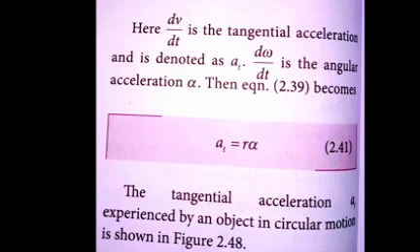Also on the left side dv divided by dt is the linear acceleration, so at is equal to r into alpha. That is also very important, which we use for finding the centripetal force. So at equal to r into alpha is also a very important equation.